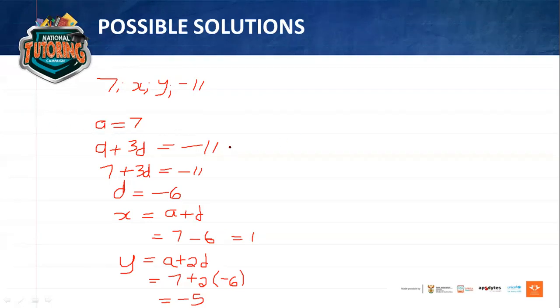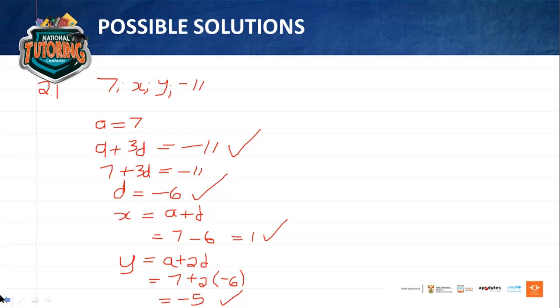We are going to be awarded the mark for this step, the mark for getting a difference, for the value of X, and for the value of Y. So that was going to be our good 4 marks. And of course this is question 2.1.